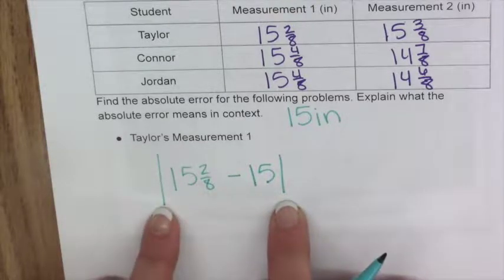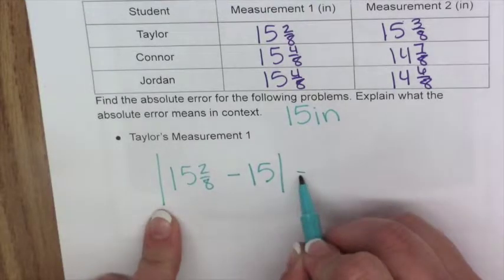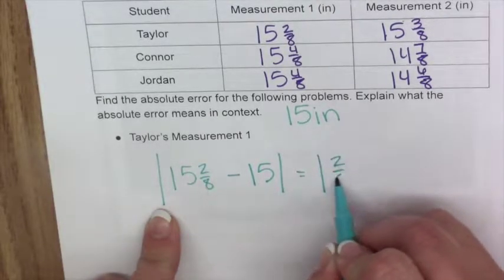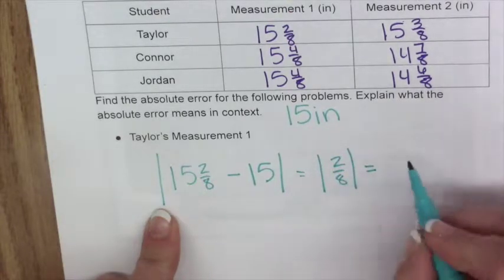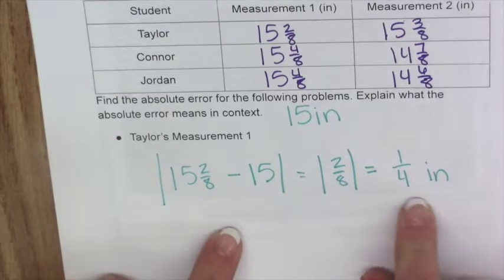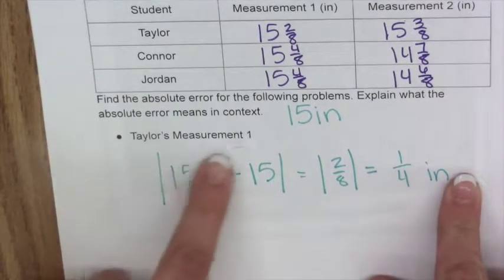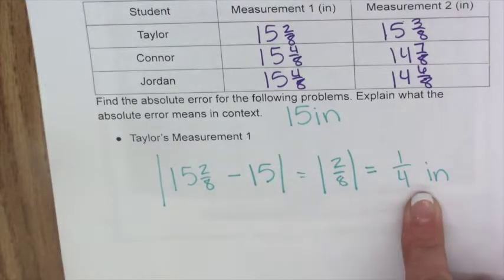So this value will always be positive. When we subtract this, we are left with an absolute value of 2/8, which when we simplify and pull it out of the absolute value would be 1/4 of an inch. So Taylor's measurement 1 had an absolute error of 1/4 of an inch.